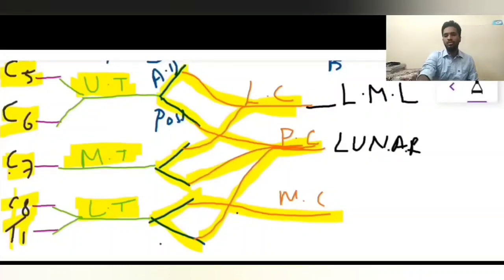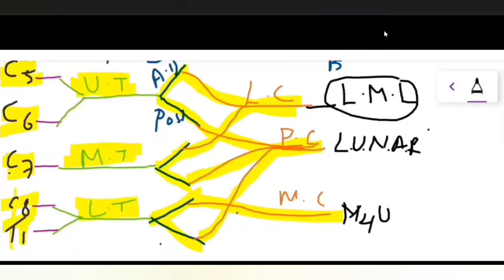These are mnemonics, not the actual nerves. We will remember them as mnemonics. From the medial cord we have M4U, like we had a channel B4U in India.